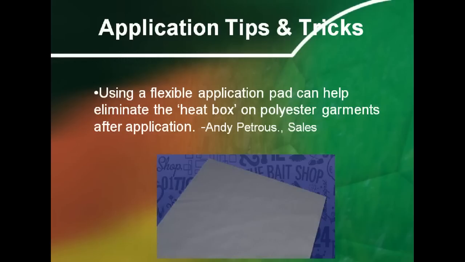I think the red polyester is the largest culprit for it. Oftentimes it will disappear after washing, but you don't want to hand your customer something that has that big heat printing box, and you're not going to wash before you give it to them anyway. So that's definitely 2 ways to eliminate that situation we've been seeing with what we call, I guess, the heat printing box.